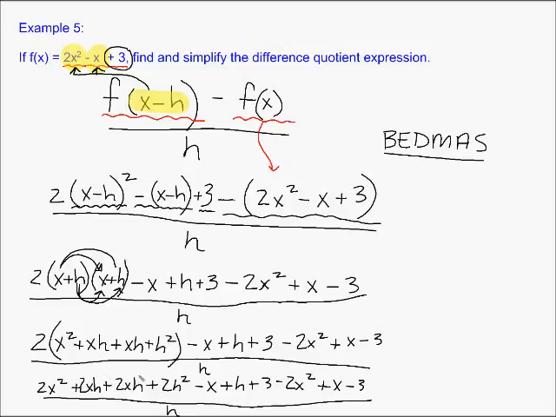Last thing to simplify just in this step is 2xh plus 2xh I can combine. So I'm going to do that. I'm going to just erase those. And 2xh plus 2xh is going to give me 4xh. So just to save some room, I'm going to do that calculation right here.